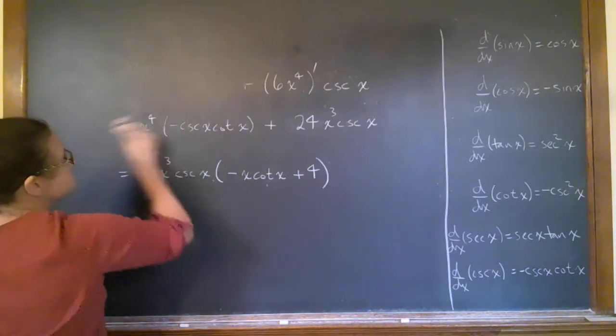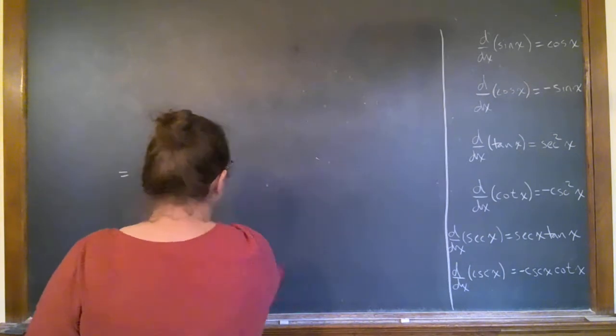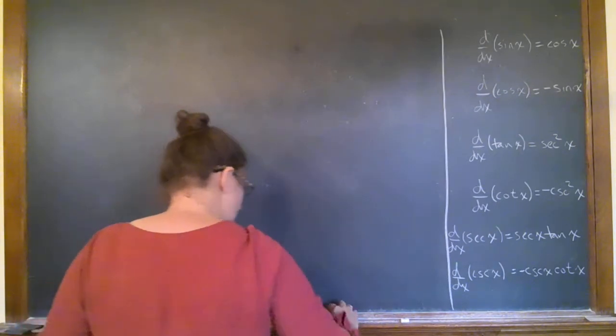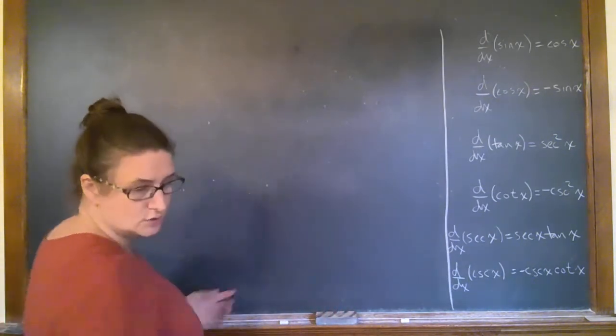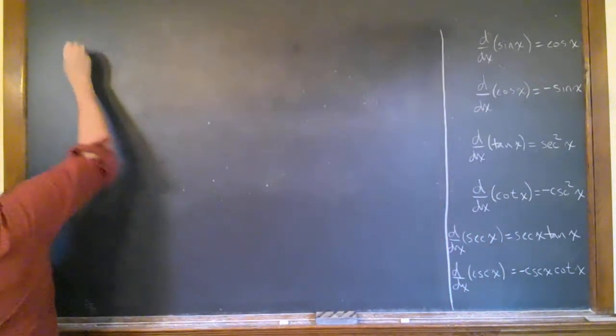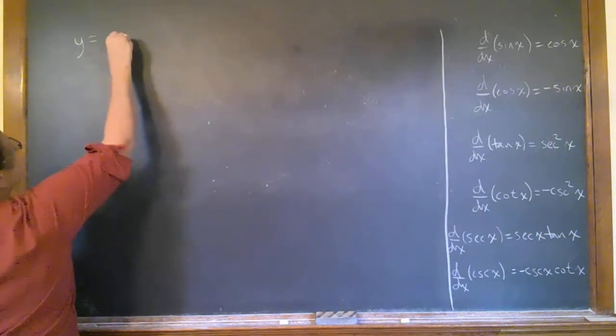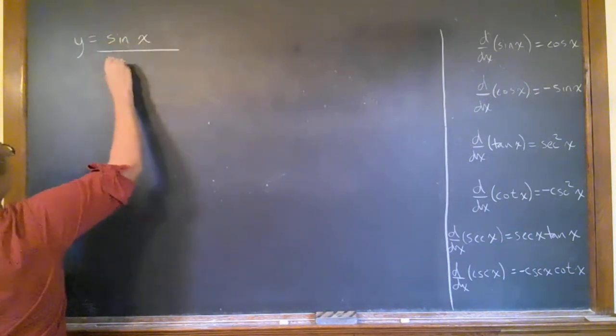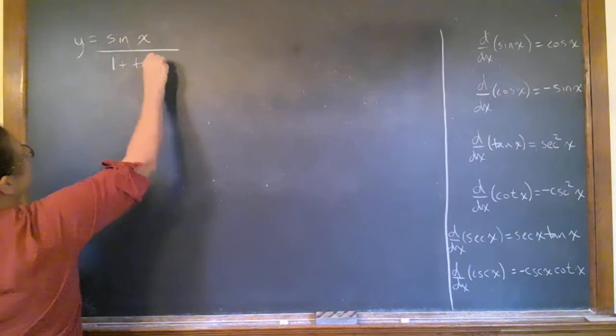Let's do another example. So that was one with the product rule. We should do one with the quotient rule, right? Sine x over 1 plus tangent of x.